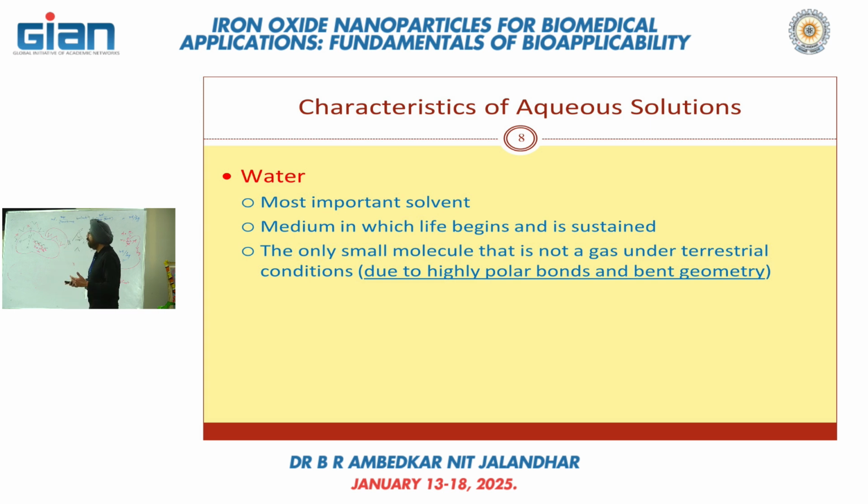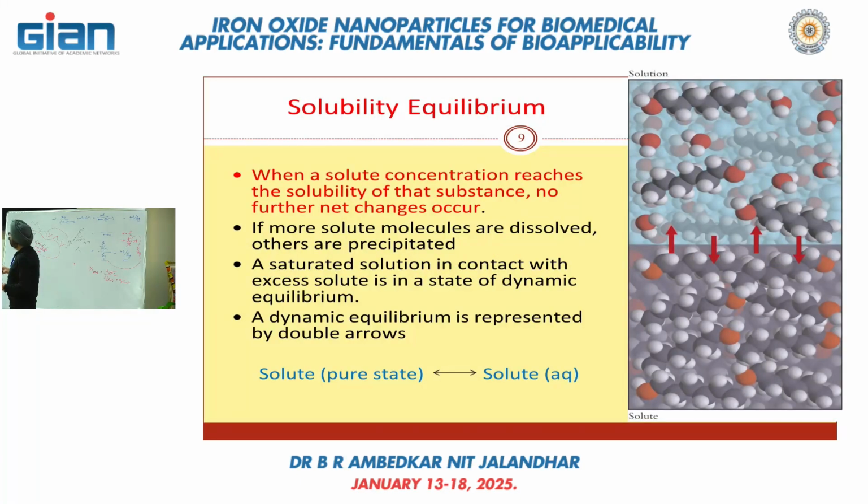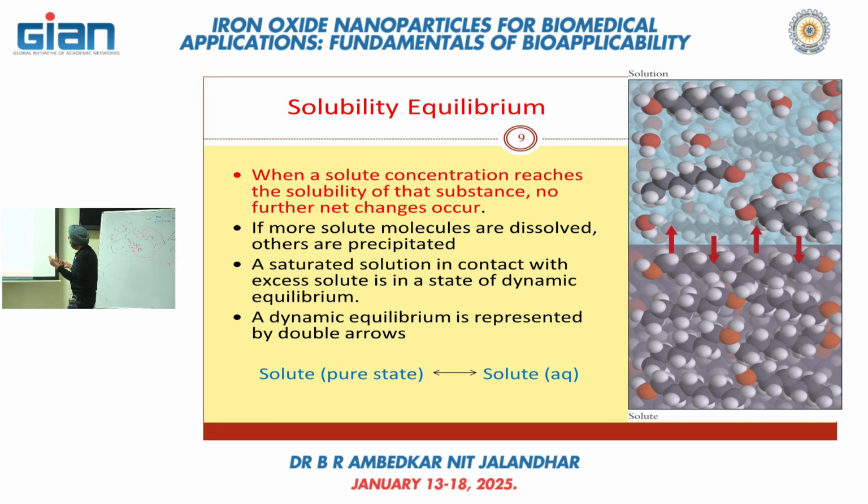So this hydrogen bonding keeps the water molecule in the condensed state, and that is the reason when we talk about solubility. Solubility is the term we apply when there is reversibility between the solid solute, partitioning between the solid state and the saturated solution. So if you keep on adding sodium chloride at constant temperature and pressure, at some point you won't be able to dissolve any more sodium chloride, and any added amount will settle down.